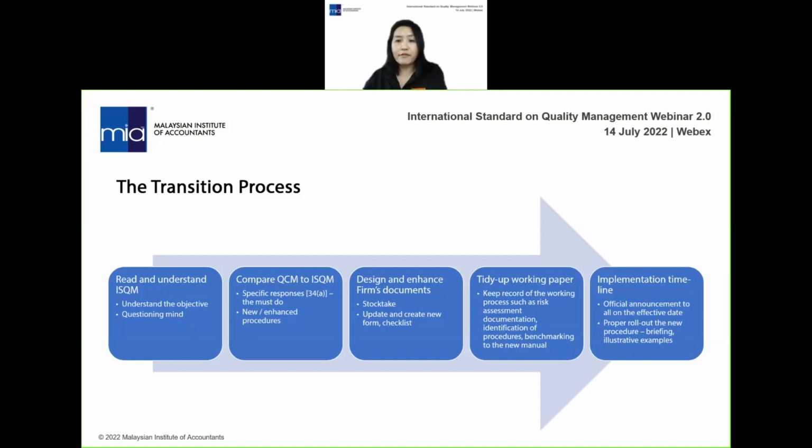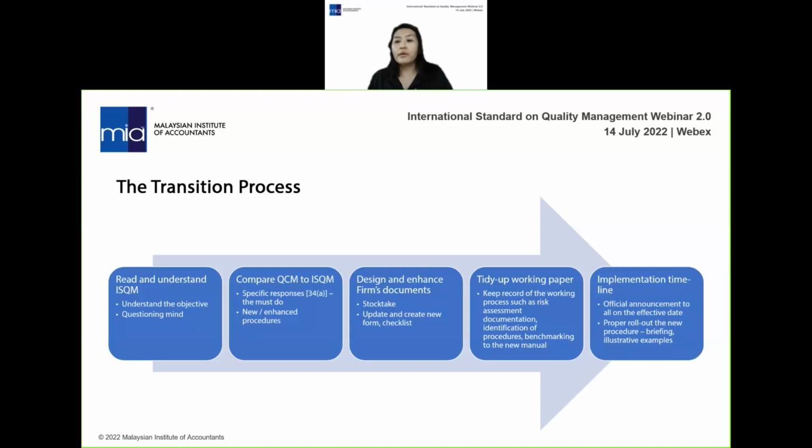In the central file room, which keeps all the general documents, or in your engagement files, so that you can have a full picture of your quality management. So you have your risk assessment process, you have your policies in place, and then you also have your responses, your procedures, and where you document the outcomes of your procedures. I believe that is something very helpful when you are trying to explain to the regulators what you have done, and what changes you have made to your system to comply with ISQM. You can very easily just refer back to the respective paragraph in the ISQM.